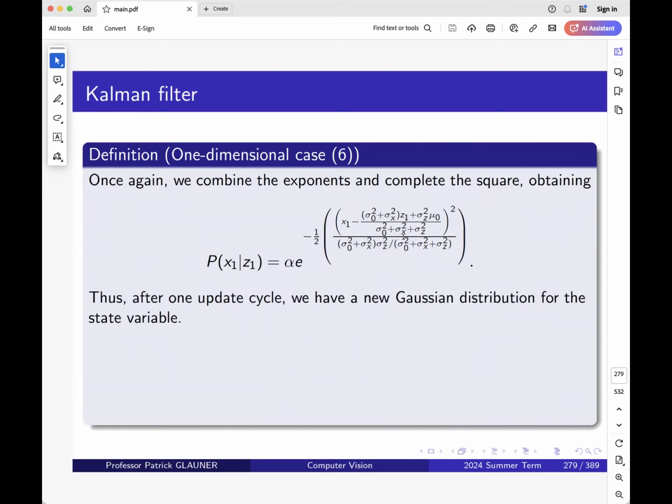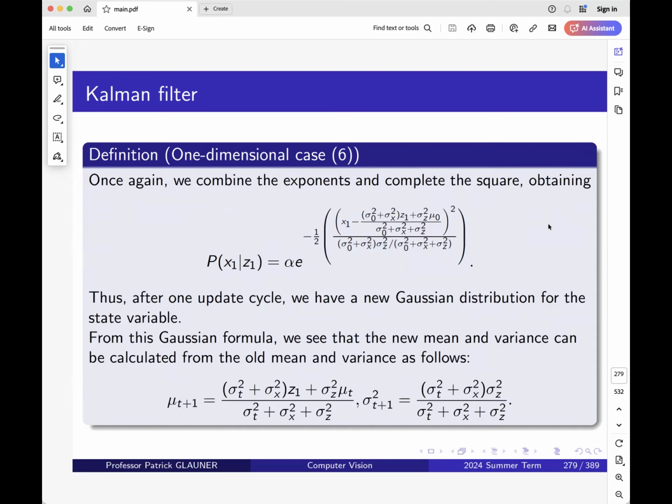But once this is done, we actually see that our P of x1 given z1, what we need in it is the x1. We have our variances, variance 0, variance x, but also the measurement variance. And we have the mean mu 0, plus we have the z1 in our measurement.